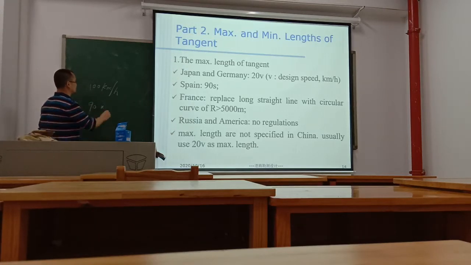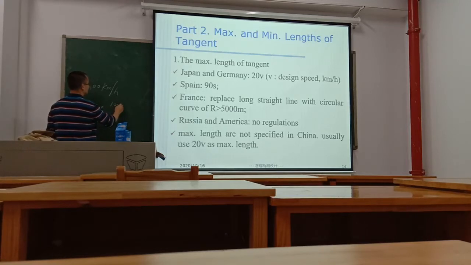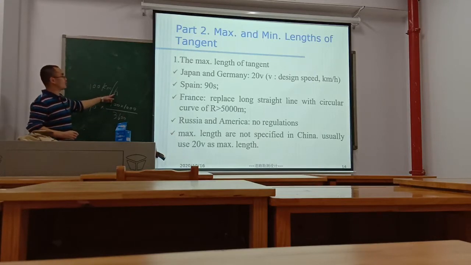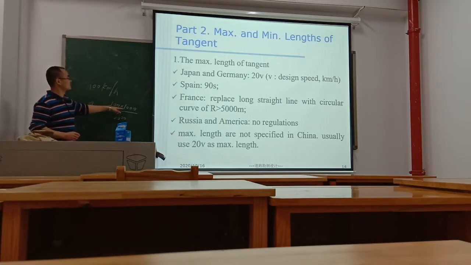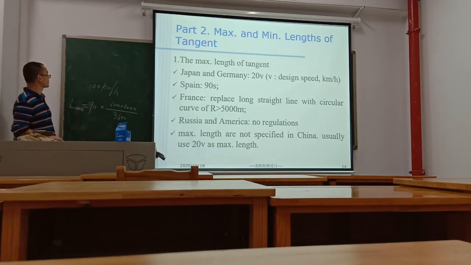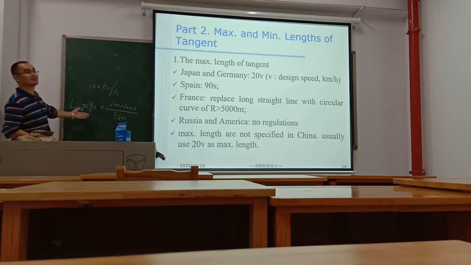How to convert to seconds? One hour is 3,600 seconds. 1 kilometer is 1,000 meters. So the maximum length is 90 times the velocity.